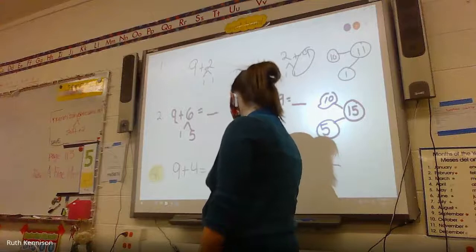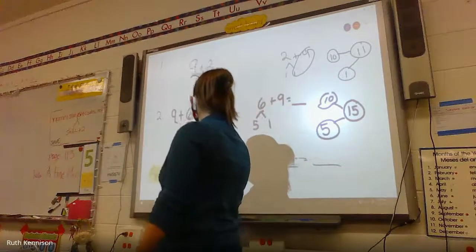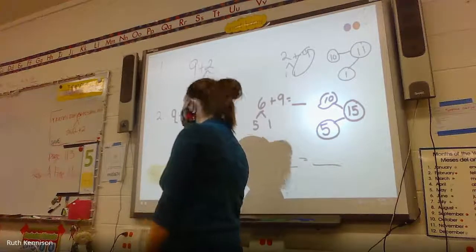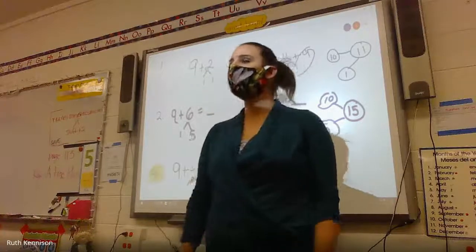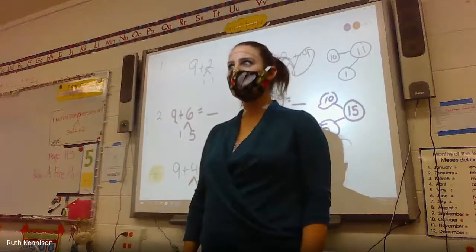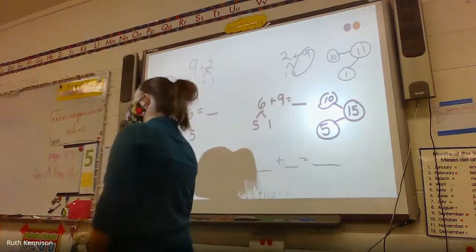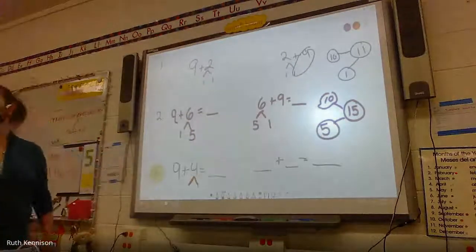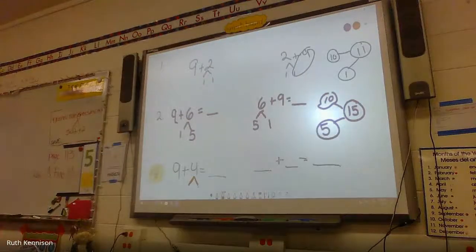You do the red as your answers. You need to make that friendly number. So what are we going to do? Anaya, how many do we need to take away from the 4? 9 plus what equals 10, Anaya?